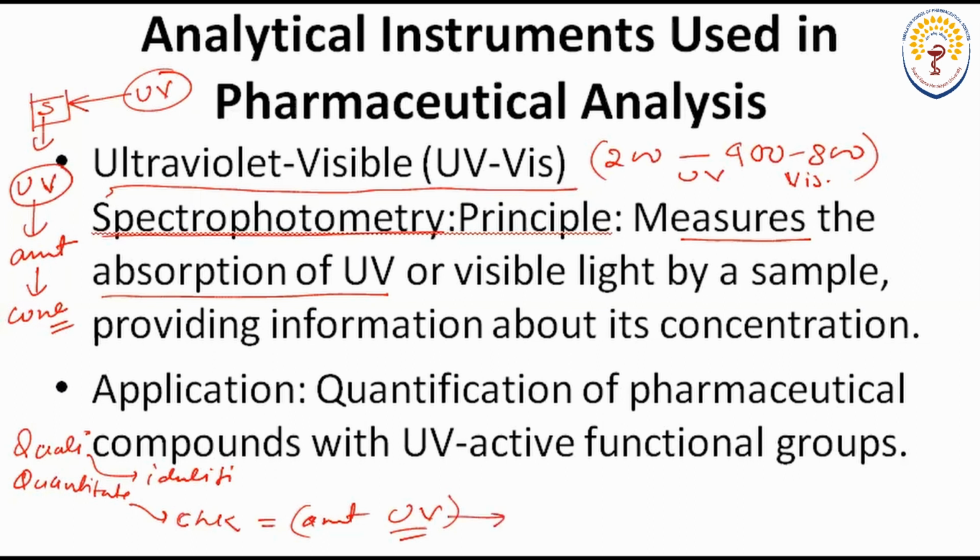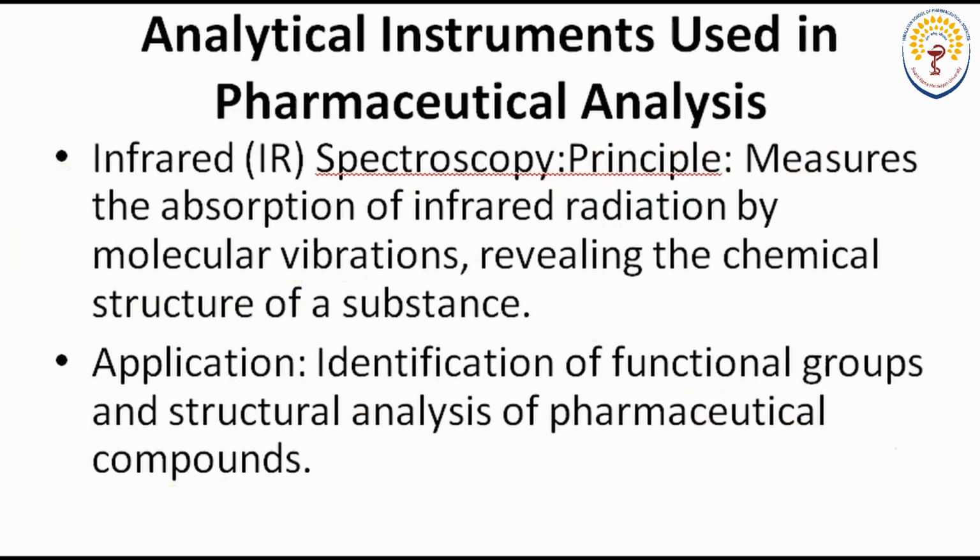Obviously it is directly proportional to the concentration of our substance. So we are performing both kinds of analysis with UV visible spectroscopy. Here, quantification of pharmaceutical compounds with a UV active functional group is the application of UV.